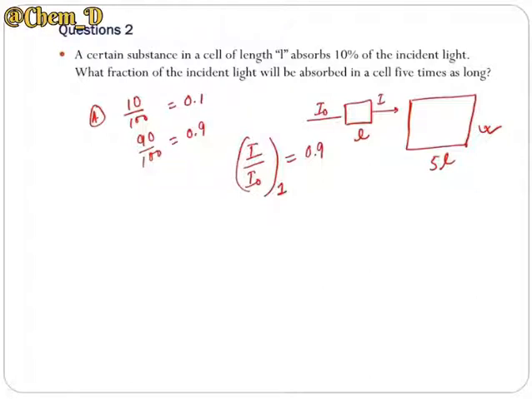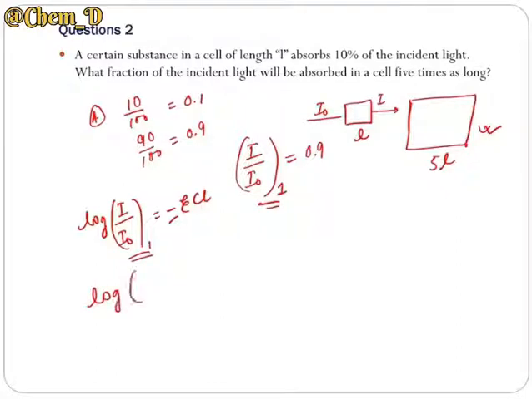Now we know that log I by I0, for 1, is equal to minus ECL. I have written it in this form, so that's why minus is there. Now again I can write for the second cell also: minus EC, and for L this is 5L.